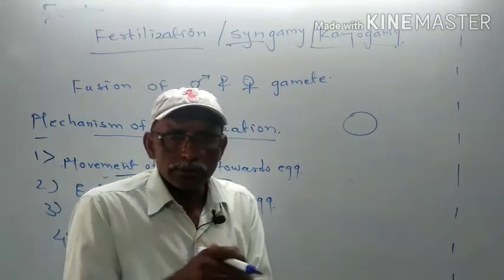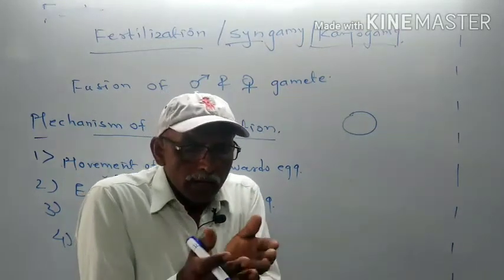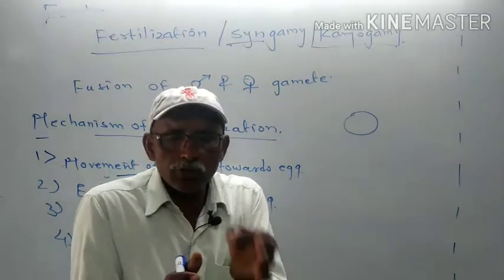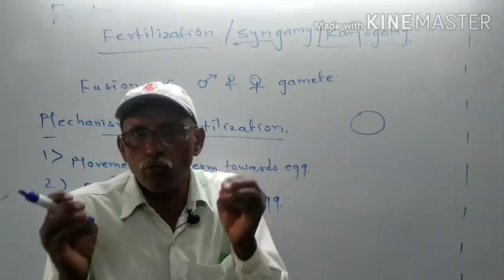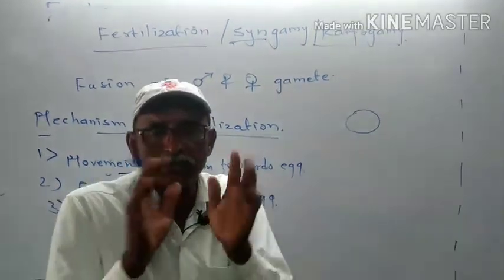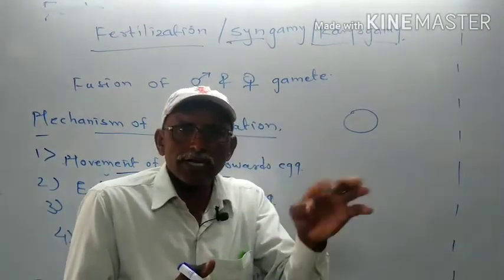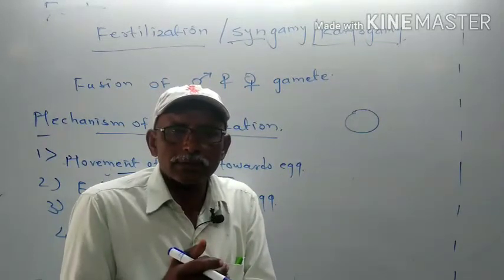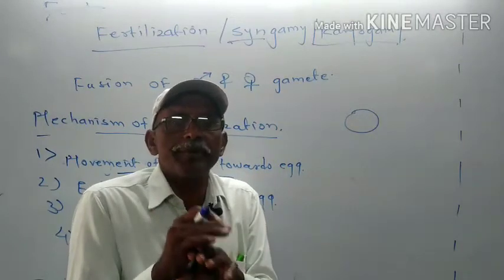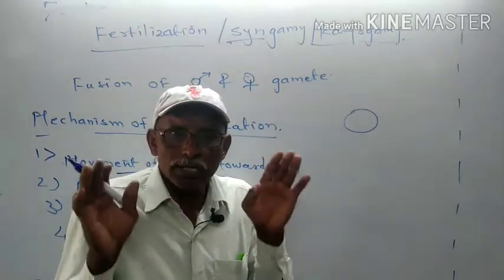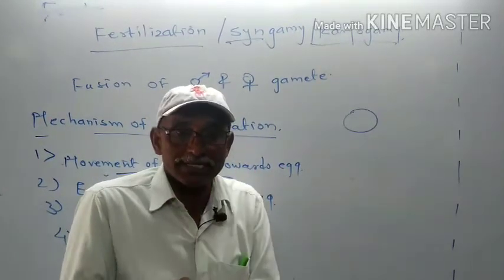We know that in 3 to 4 ml of semen there are about 300 to 400 million sperms, and only one sperm is required for the fertilization of the egg. So near about 50% of the total sperms are destroyed in the vagina.